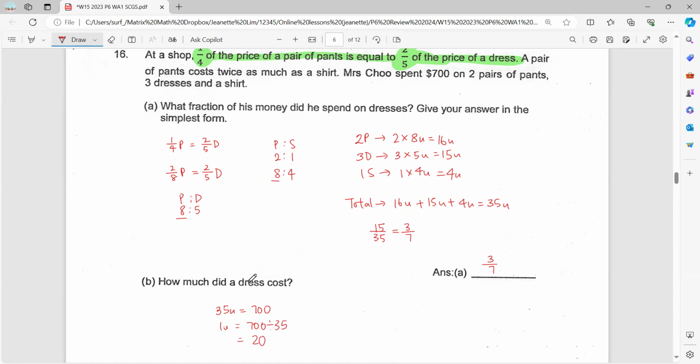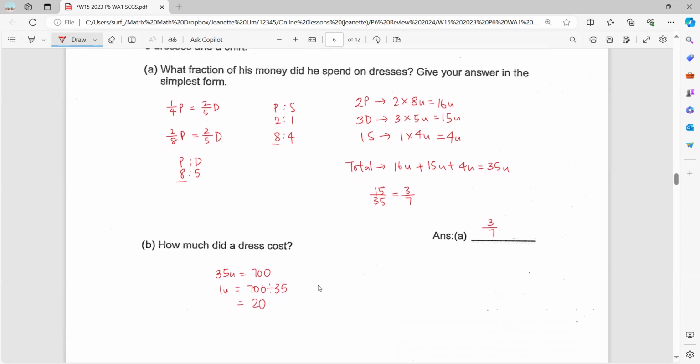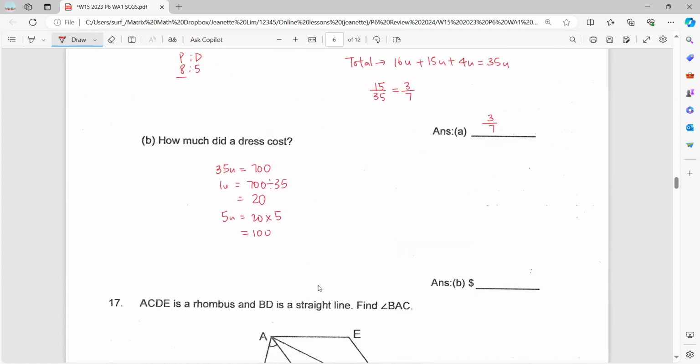Okay, then we're looking for just one dress. One dress is 5 units. So we take 20 times 5, and that is the cost of a dress. $100.